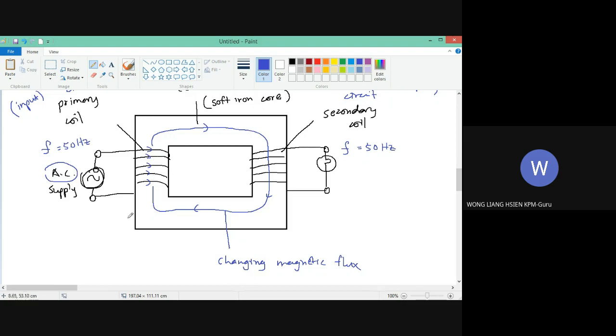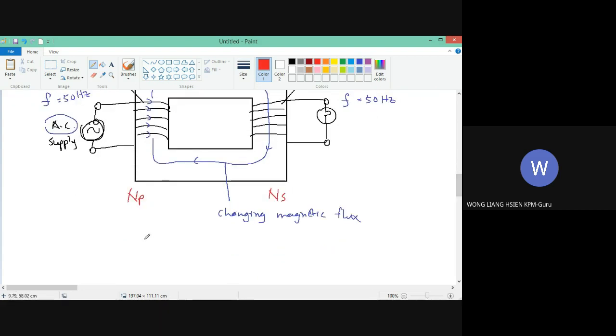Let's say the number of coils in the primary coil is NP, and the number of coils in the secondary coil is NS. The ratio between NP and NS will be the same as the ratio of the voltages.